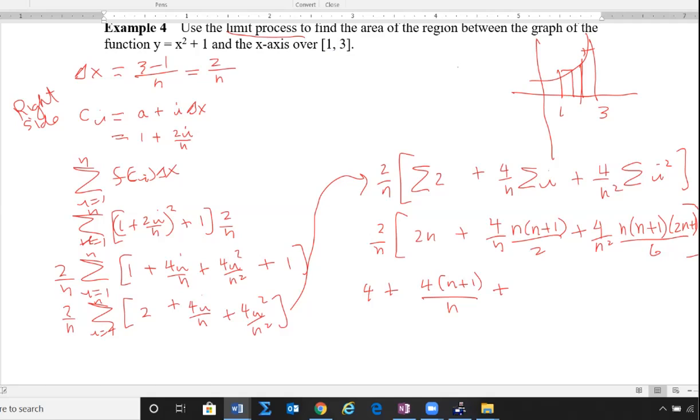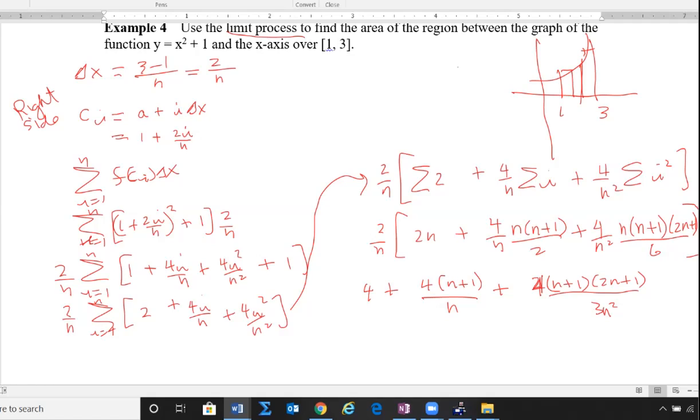And then this last one looks like it's going to be 2 with an n plus 1 and 2n plus 1. Is that right? With the 2, well, it's actually a 4, isn't it? That's a 4, because it's 8 over 6, which is 4 over 3. And you still have n squared underneath here. Okay, so far that's it.